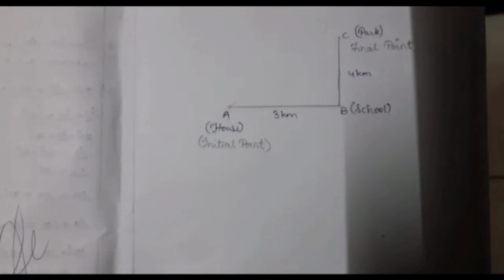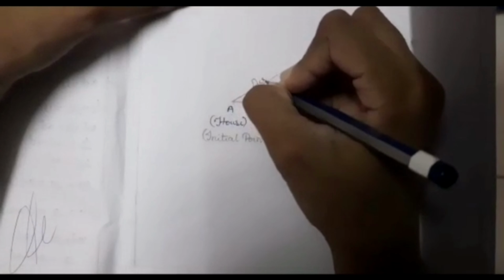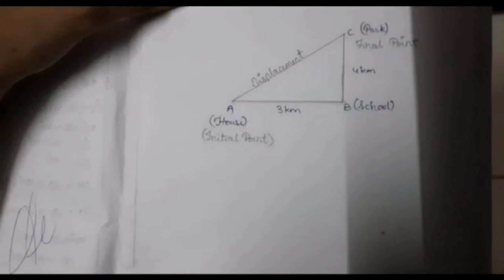So you have traveled a total of 7 kilometers. The displacement is the shortest distance between the initial and final point. So the displacement is AC.